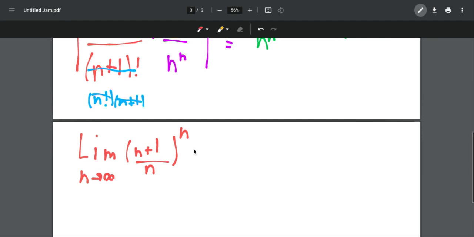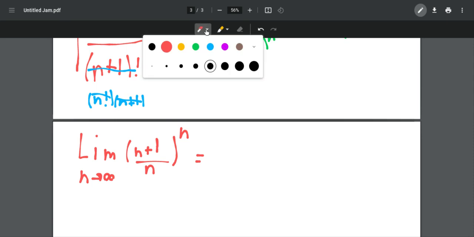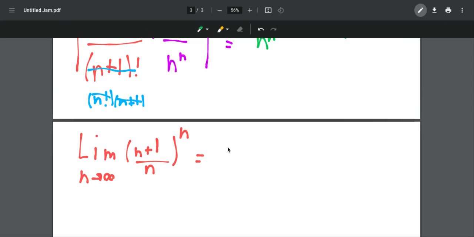First of all, I can split the fractions. I can write it as 1 plus 1 over n, and all of them to the power of n.